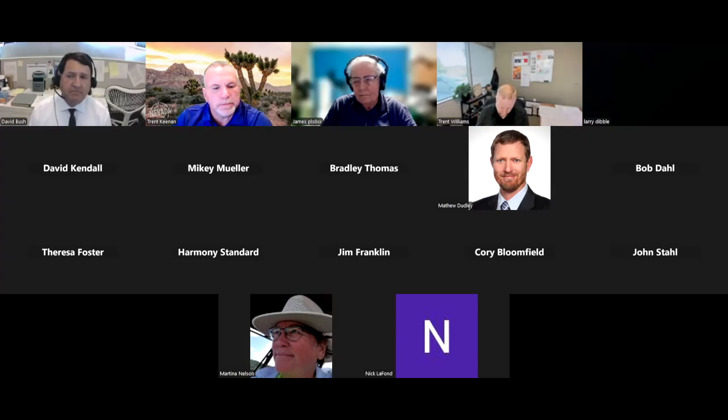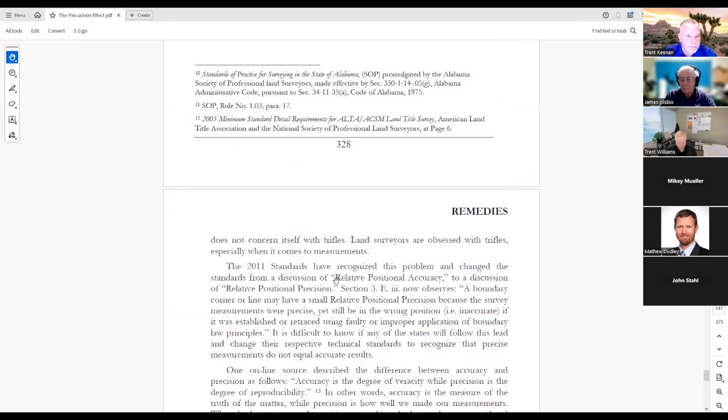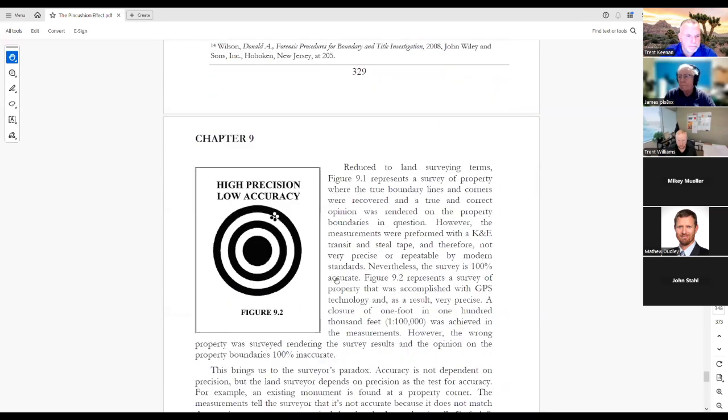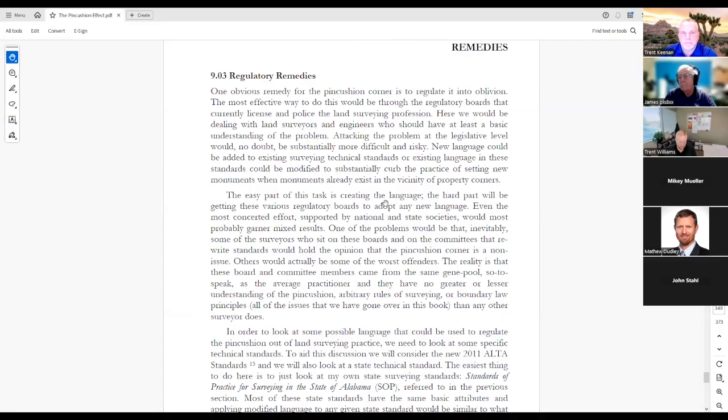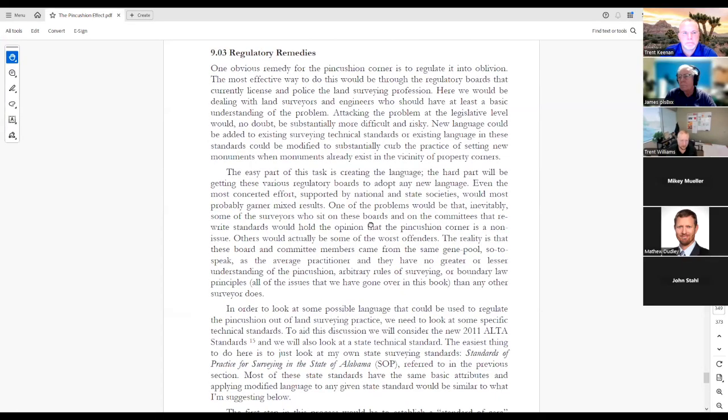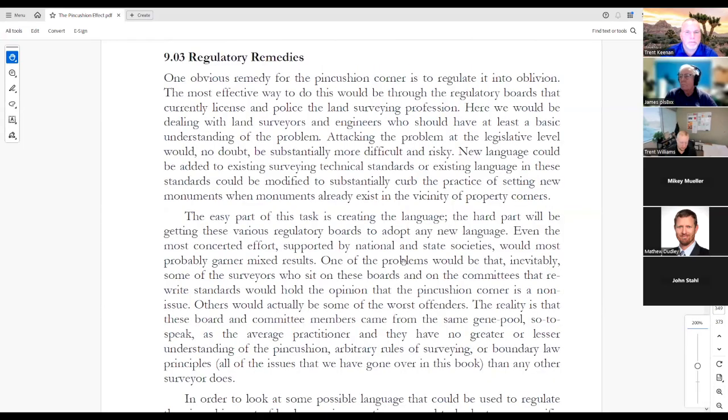looking at. Okay, jumping over to 9.03, regulatory remedies. We've talked a little bit about this as well, the changes in Utah State Code that allow some boundary line establishments now. It starts off here: the one obvious remedy for the pincushion corner is to regulate it into oblivion. The most effective way to do this would be through the regulatory boards that currently license and police the land surveying profession.